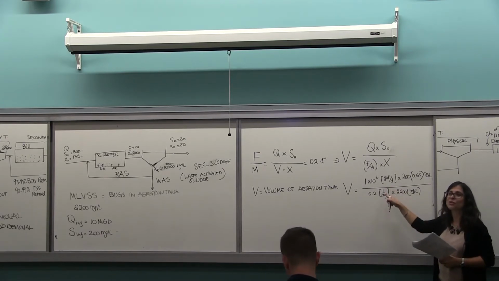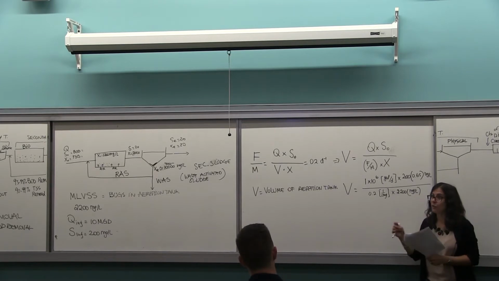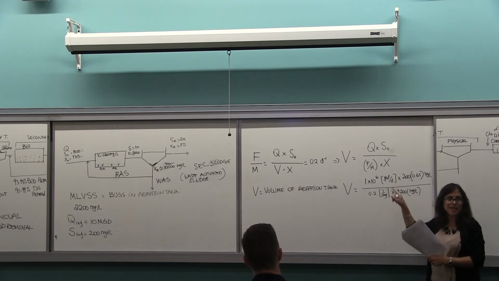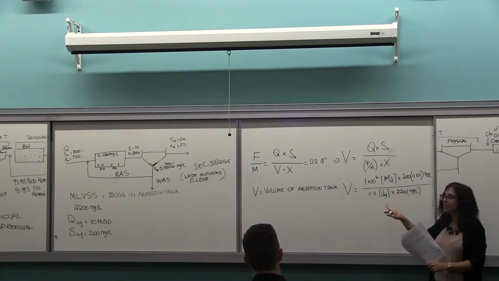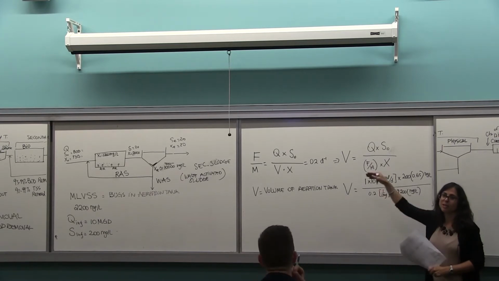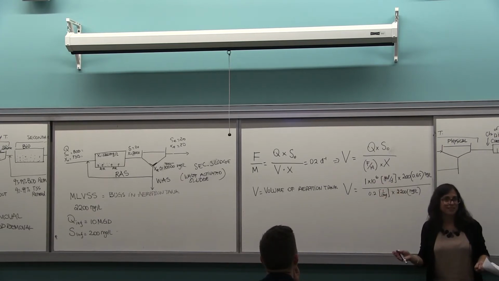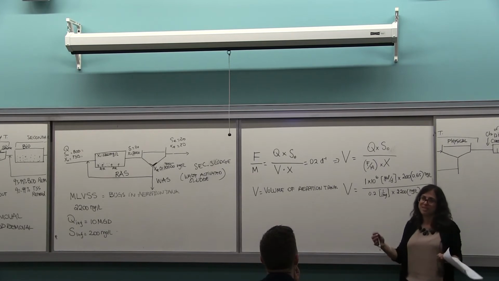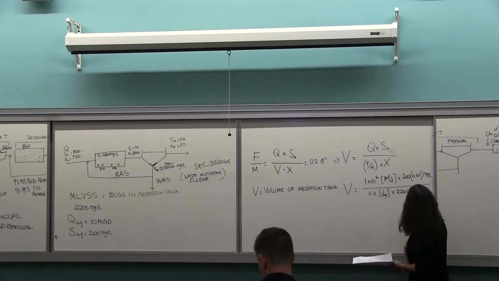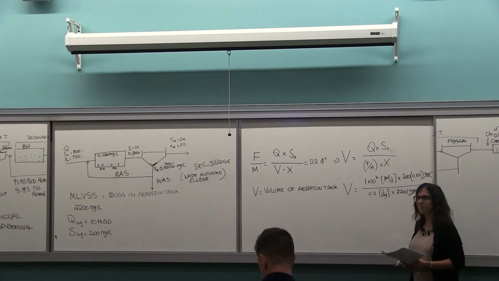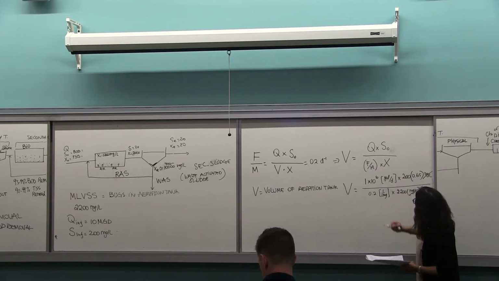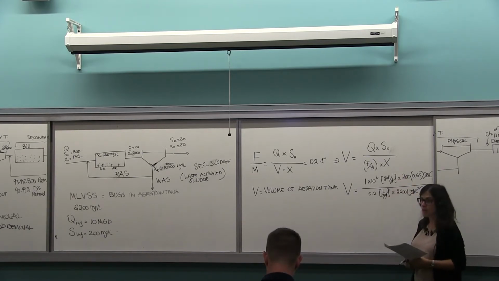I don't agree with that unit. The only way I could cancel all of this is if this unit also had milligram over milligram. It is milligram, but it's not milligram of the same thing, right? But we'll accept that, and day goes, and I will have tank volume.